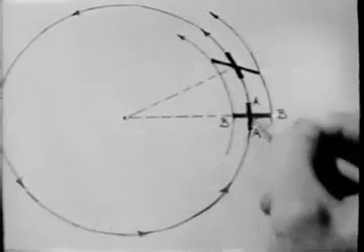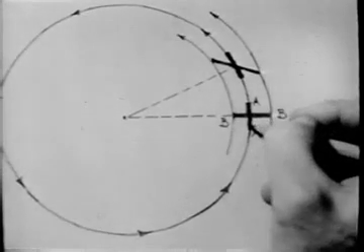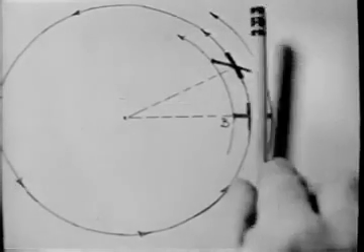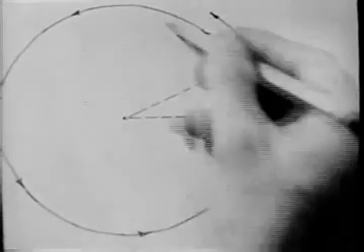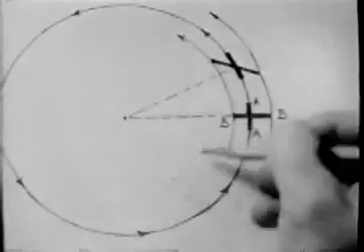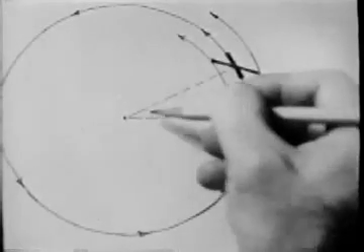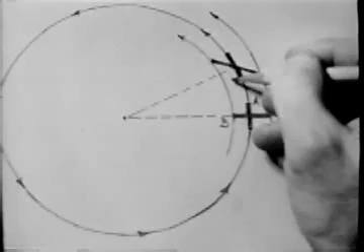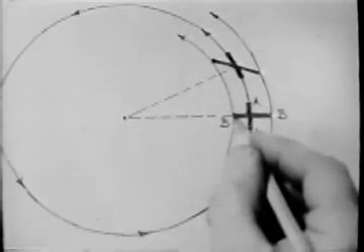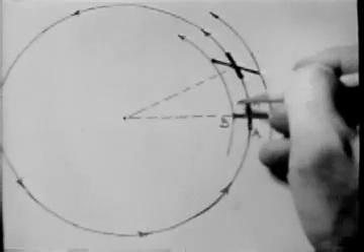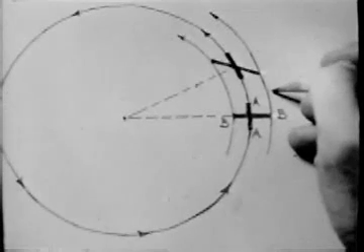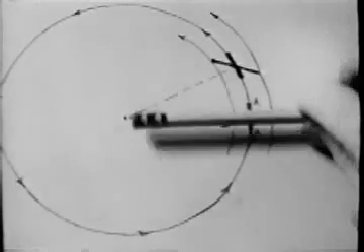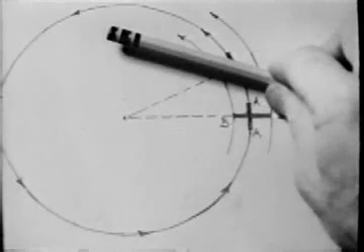Let's look at a fluid cross as it goes round the vortex. Leg A follows the streamline, so it rotates counterclockwise. The angular momentum of the fluid is conserved as it flows toward the drain, so the tangential velocity varies inversely with the radius. This means that the velocity of the inner part of leg B is greater than the velocity of the outer part, and so leg B turns clockwise.